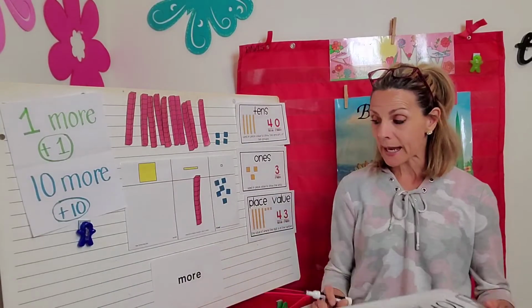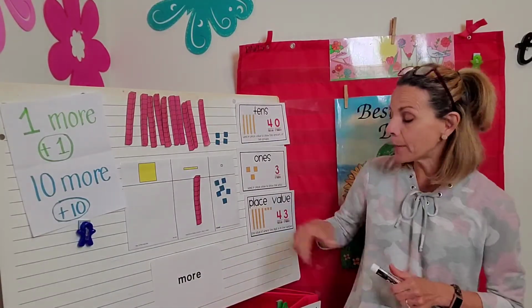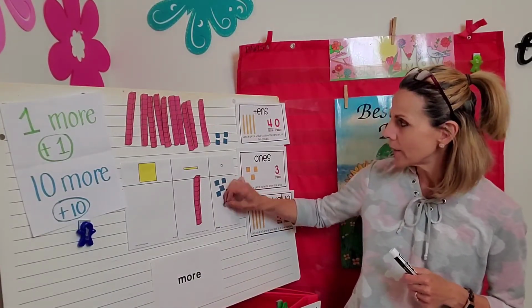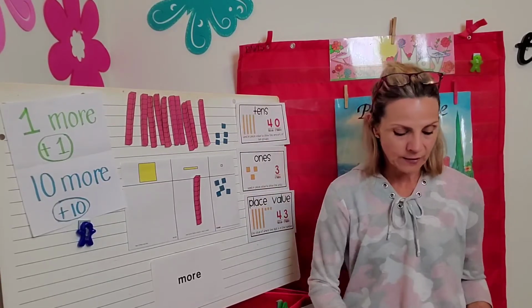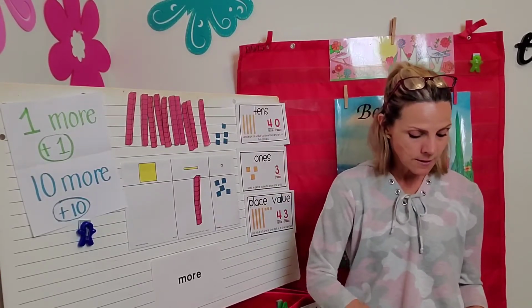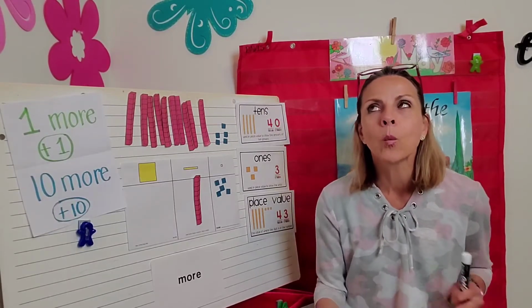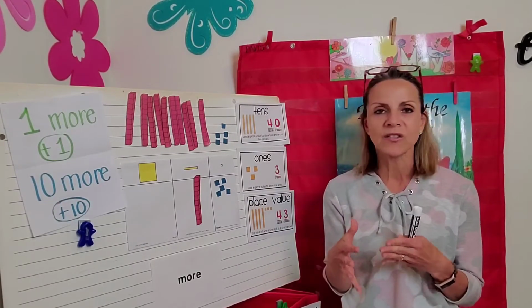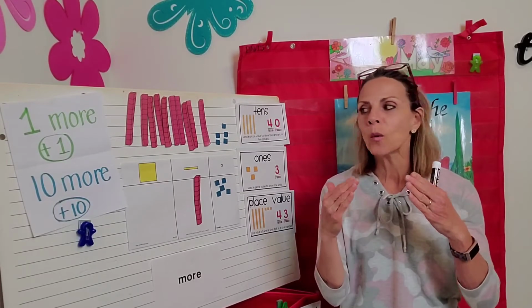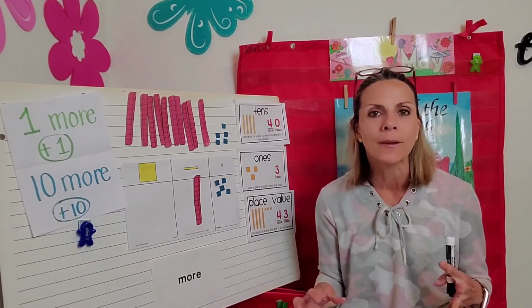Then we did that same activity, except we added 10 more. So let me just rearrange here, do some erasing. And one of the ways that we were thinking about place value too, is we're going to actually be breaking up 15.